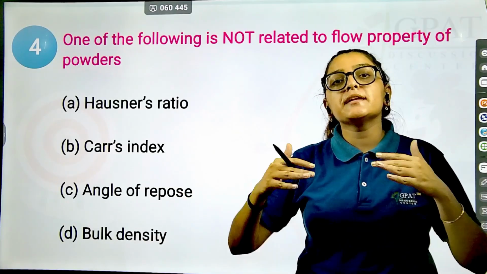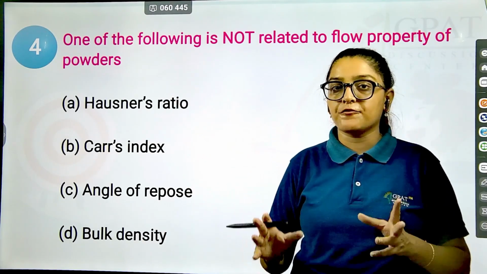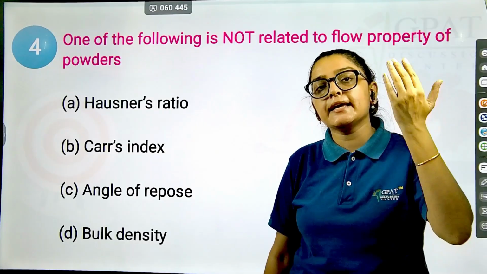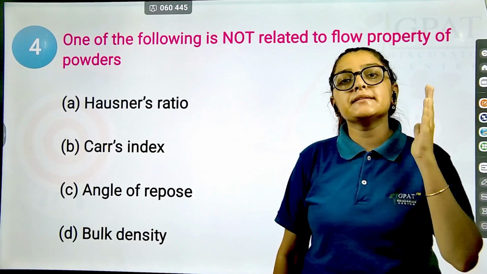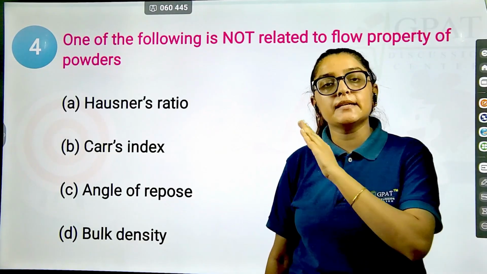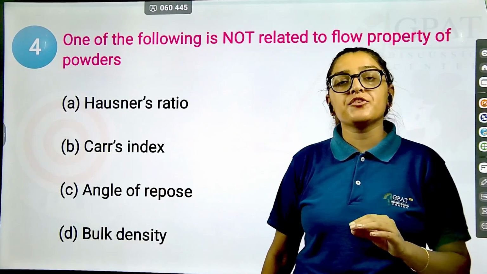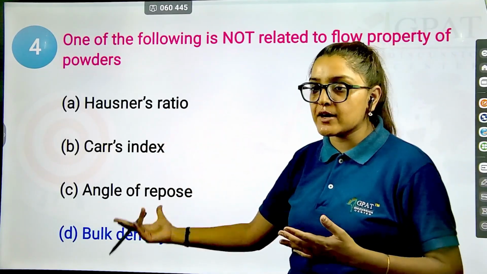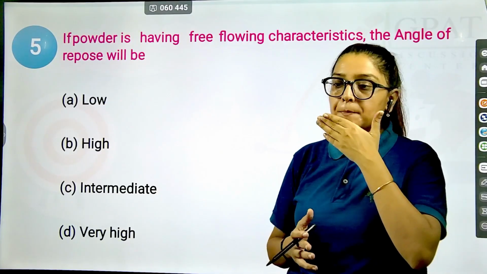Although this parameter is used to calculate Carr's index and Hausner ratio, so you might get confused. But note down: Hausner ratio is the ratio of tap density upon bulk density. Carr's index is tap density minus bulk density upon tap density into 100. Then angle of repose is tan theta equals h upon r. So the right answer is bulk density, which is not identified as a flow property.